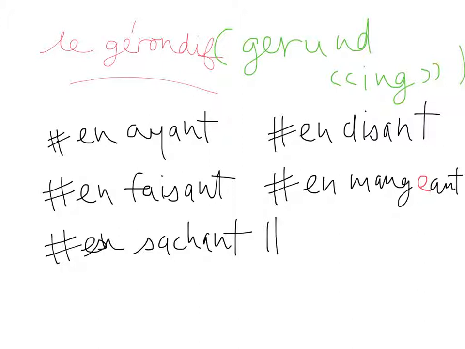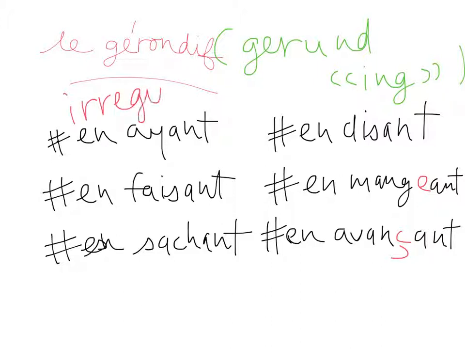And if you have the CER verbs like commencer or avancer, you are going to have your little cédille. Otherwise, the sound is different. These are the irregularities of the gerund.